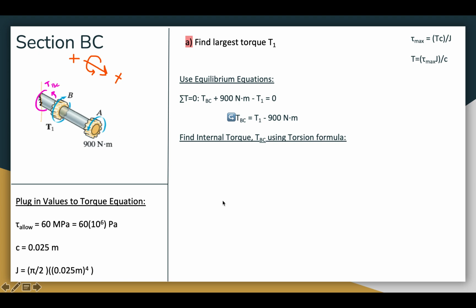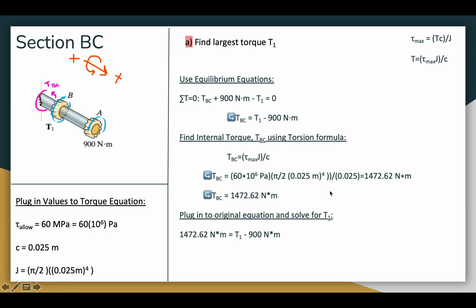Now let's find the maximum torque using our maximum shear stress. We can solve the torsion equation for torque, plug in our maximum shear stress, and then we have our moment of inertia and our outermost radius, which is C. When we do that, we get a whopping 1472.62 Newton meters, and that is for the maximum internal torque.